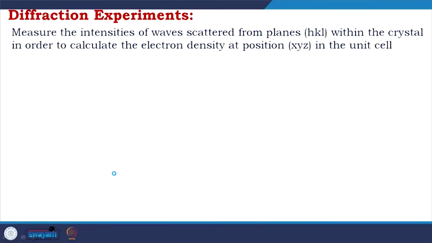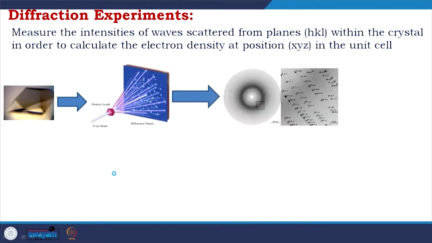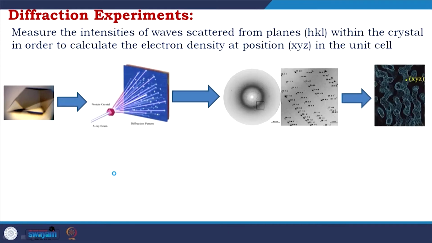We measure the intensities of waves scattered from planes within the crystal in order to calculate the electron density at position x, y, z in the unit cell. As I told, we have crystal, we do diffraction, from there we get the diffraction pattern, and then our goal is to get the electron density map.